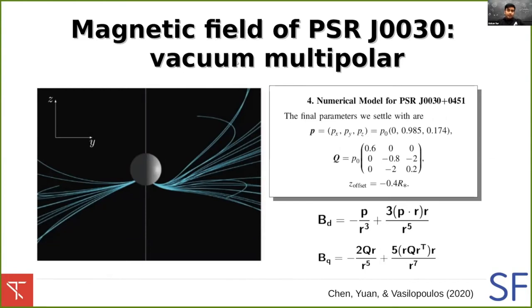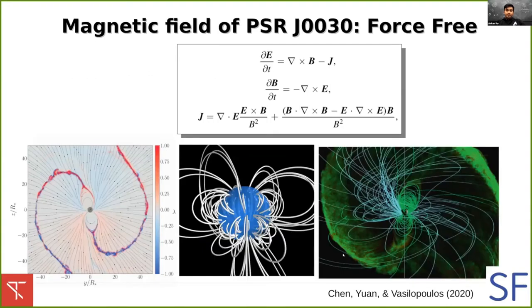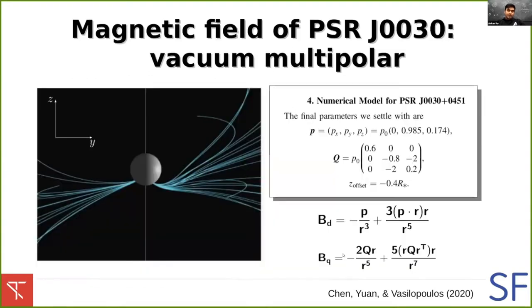So for the millisecond pulsar PSR J0030, which is the NICER pulsar, we consider a vacuum multipolar field, where the dipole moment parameters are given by this, and this is located in the YZ plane. We also consider a quadrupolar field given by these parameters. So the overall effect is that we have this quadri-dipolar field.